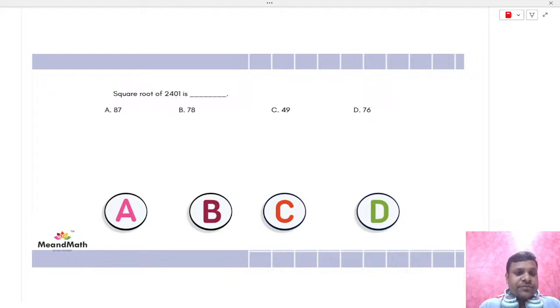2401. Square root of 2401 is. इसका आंसर सभी स्टूडेंट्स का आना चाहिए. It's a very easy one. The basic question of the square and square root chapter.